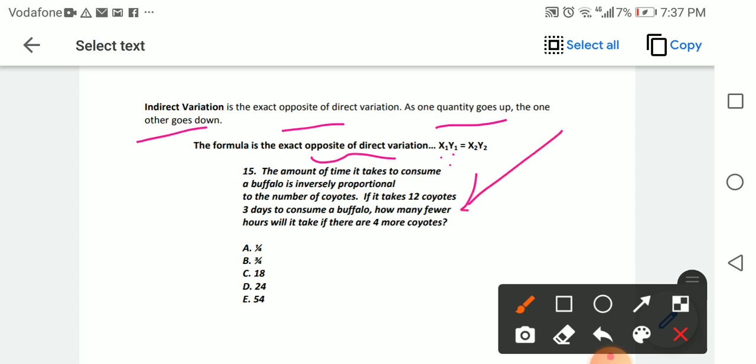Let's see an example. The amount of time it takes to consume a buffalo is inversely proportional to the number of coyotes. If it takes 12 coyotes 3 days to consume a buffalo, how many fewer hours will it take if there are 4 more coyotes?